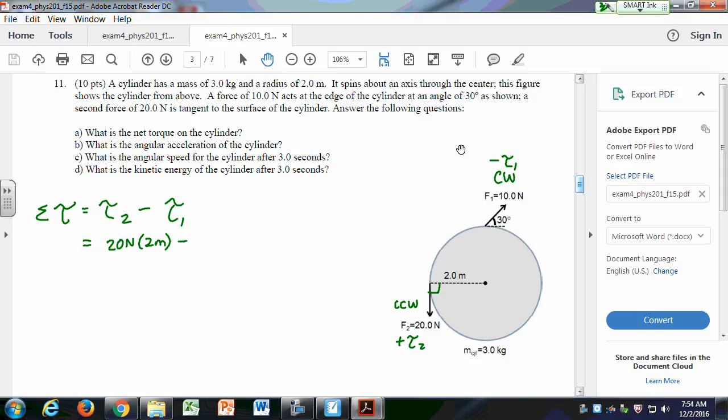Torque 1, you have to be careful here because the angle that I want is actually this angle, 60 degrees, so it's going to be 10 newtons, 2 meters, times sine of 60. So that's 40 minus sine of 60. Is that a half? I always forget.